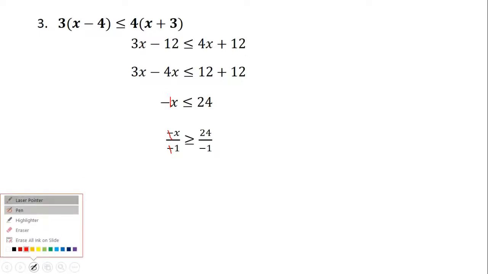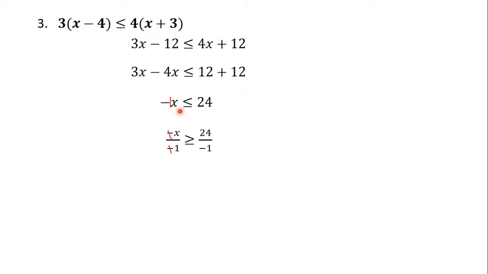Now remember that we said whenever you divide through by a negative number, the direction of the inequality changes. Here it used to be less than or equal to, but because we divided through by a negative number, which is negative 1, it will change to greater than or equal to.